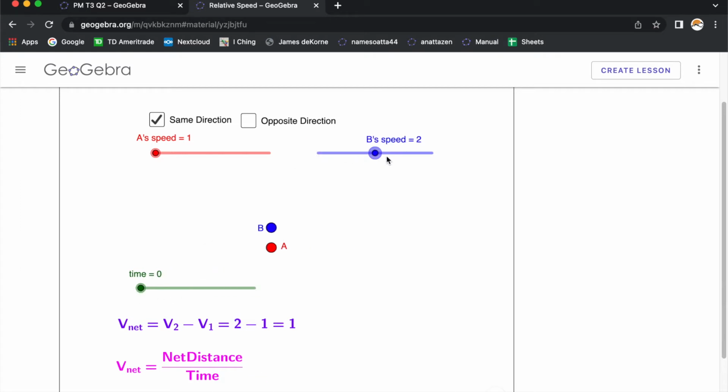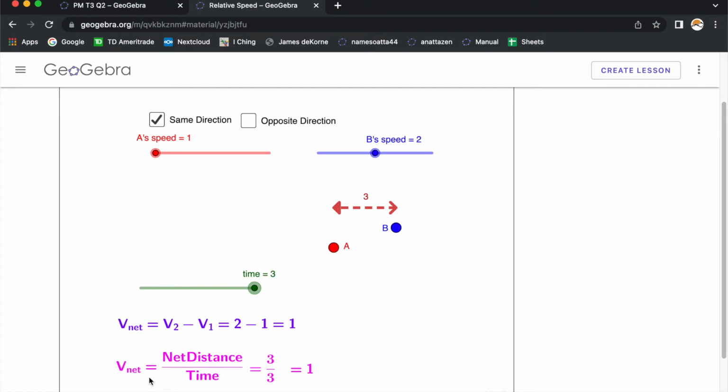B now has a speed of 2 in the same direction, and let's see what happens. As you can see, B is now in front. But relative to A, because A is moving, B's speed is not 2 units.